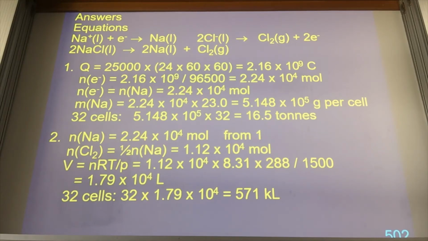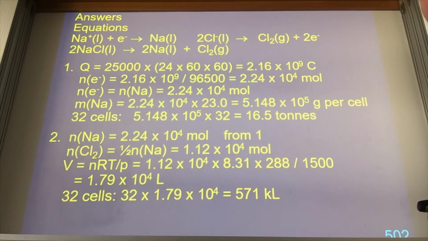Or else you could go through the Faraday's law stuff again separately. Once you've got the moles of chlorine, then it is PV equals nRT to give you the volume of chlorine, and of course remember to multiply it by 32 because you've got chlorine being produced in 32 cells.